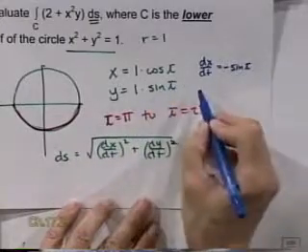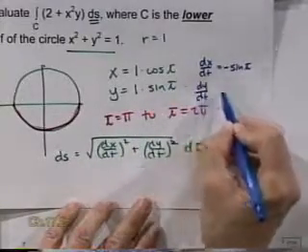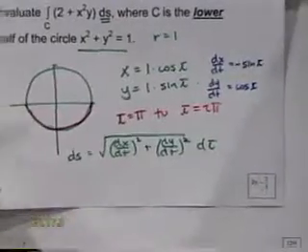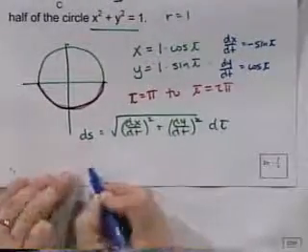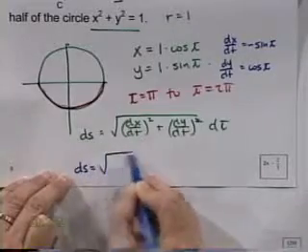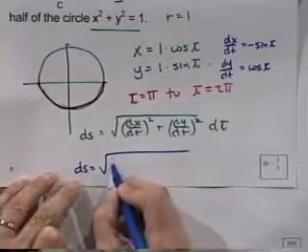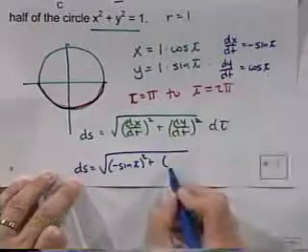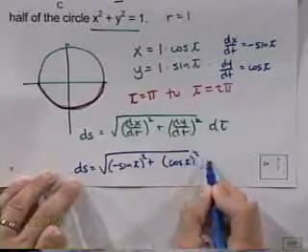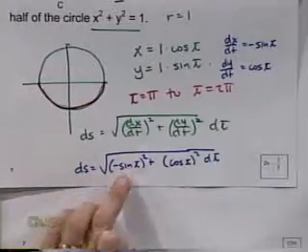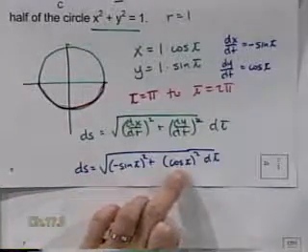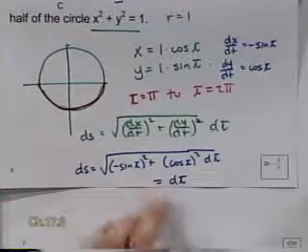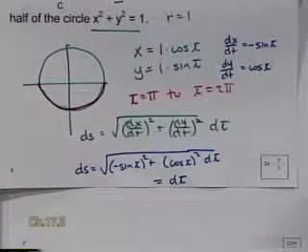And if y is sine t, dy dt is cosine t. So ds is square root of minus sine t squared, and dy dt was cosine t squared. Except, guys, what's sine squared plus cosine squared? 1, and square root of 1 is 1. So this one's quite nice that ds can be replaced with just dt.